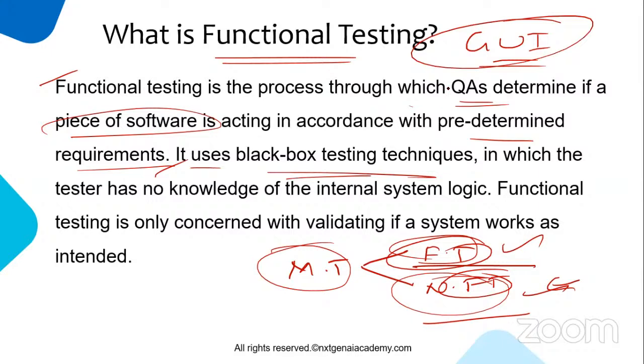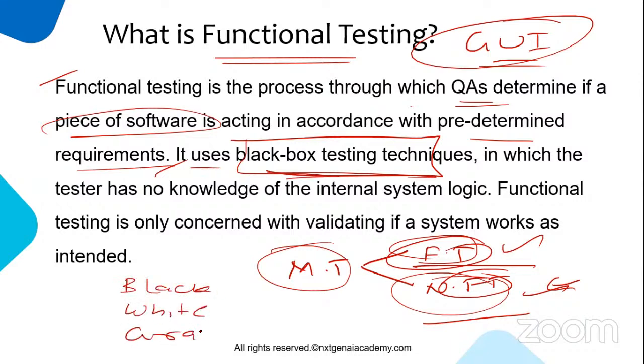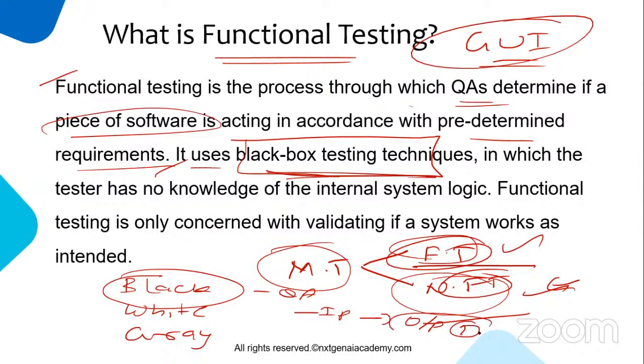Then, the technique it uses is black box testing. I will explain this. We have three types: one is black box, another is white box, and we have gray box. Black box testing is done by the QA team. That is, you give an input and check the output. We have the expected output.